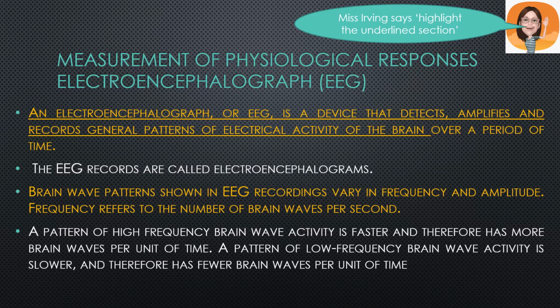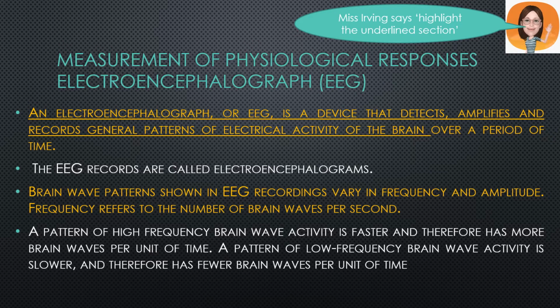So an electroencephalograph, or EEG, is a device that detects, amplifies and records general patterns of electrical activity of the brain over a period of time. The EEG records are called electroencephalograms, which is weird because for some reason they think that a graph wouldn't. Anyway.